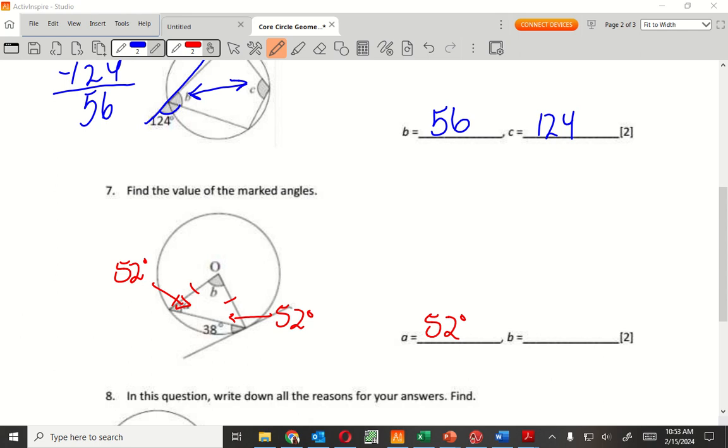So I'm going to write it out like this: 180 minus 52 minus 52.